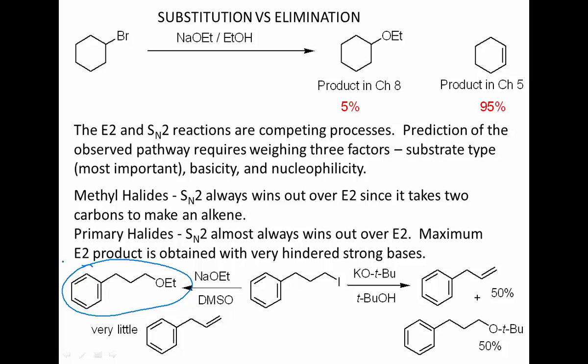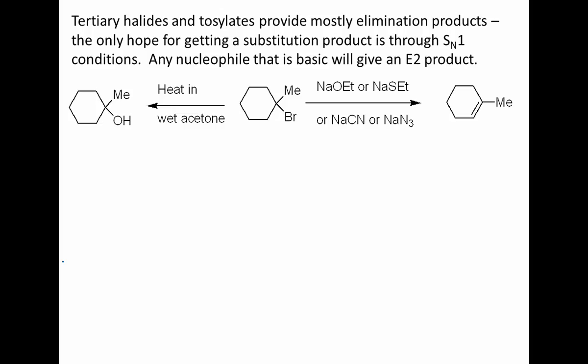SN2 wins. With a more hindered alkoxide, these two reactions become very competitive, and you get about an equal mixture of E2 and SN2 products. So we'll say that with primary halides, you should just go for the substitution product, the SN2 product.